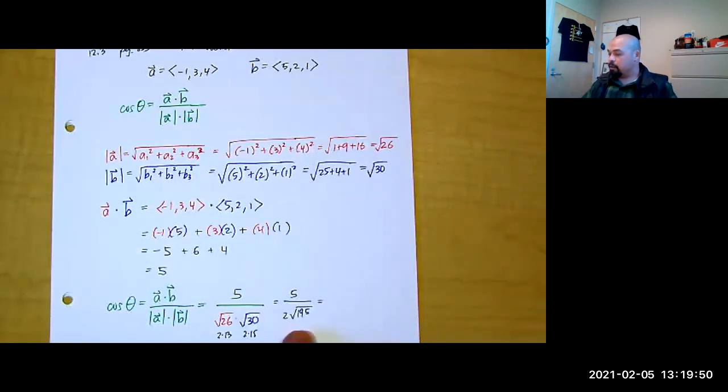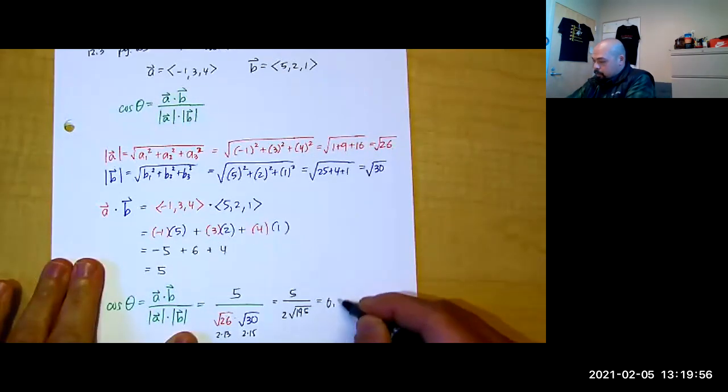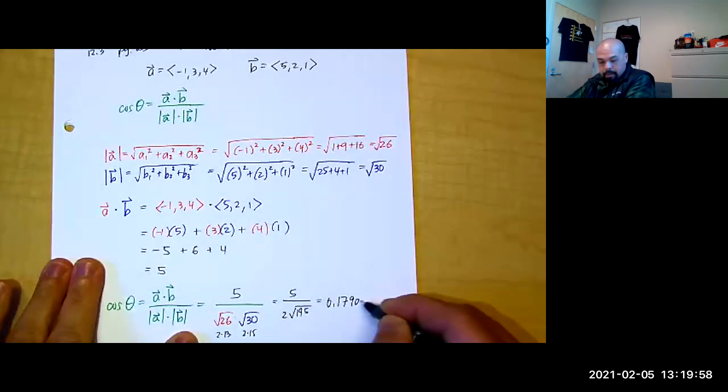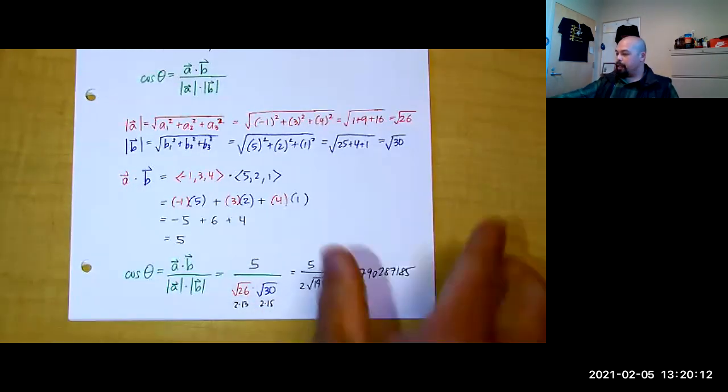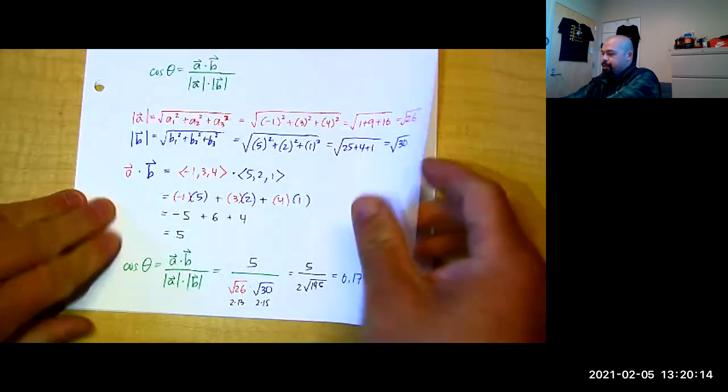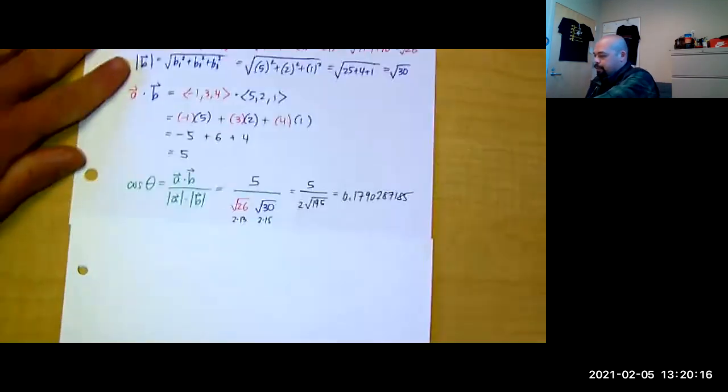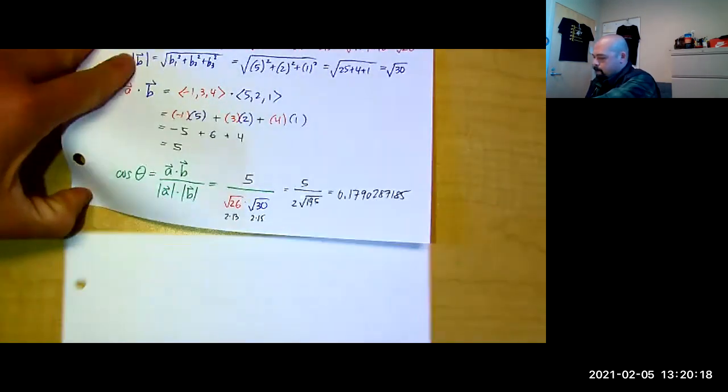All right, so doing that 2 root 195 in denominator, 5 divided by that, I'm getting this decimal. Okay. Make sure I haven't made any errors yet. All right. And though I hate to separate pages in that example, we'll do so right here.